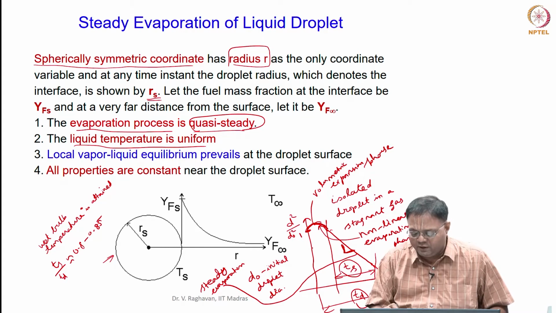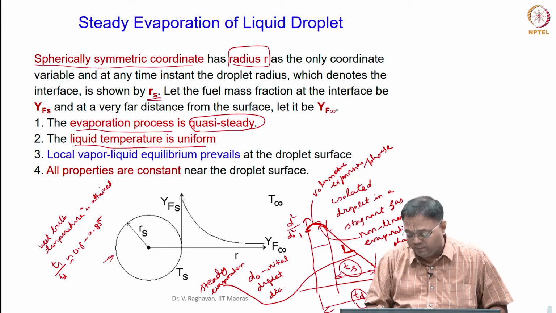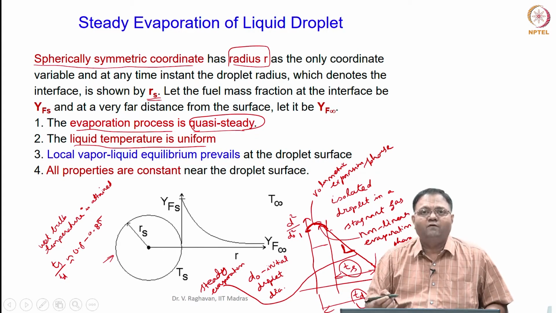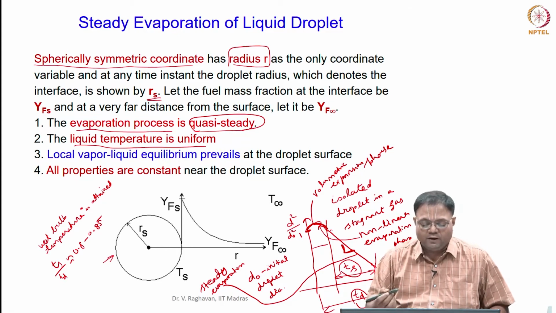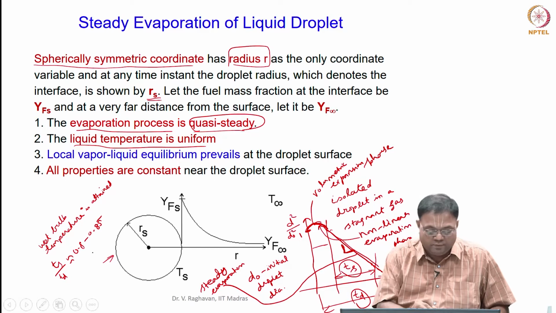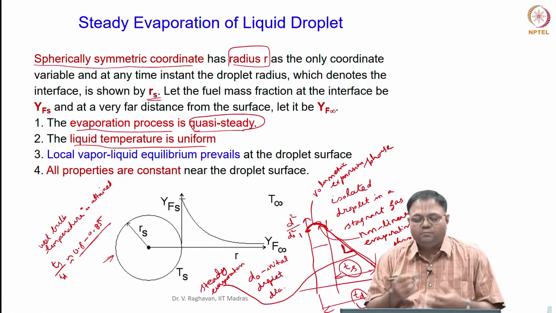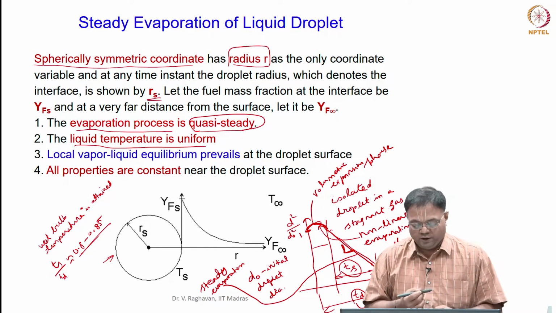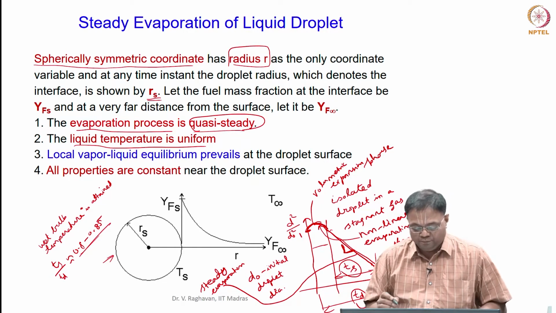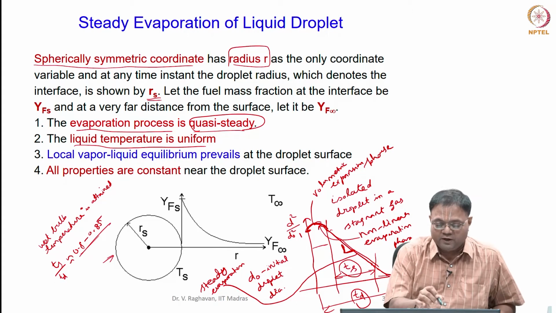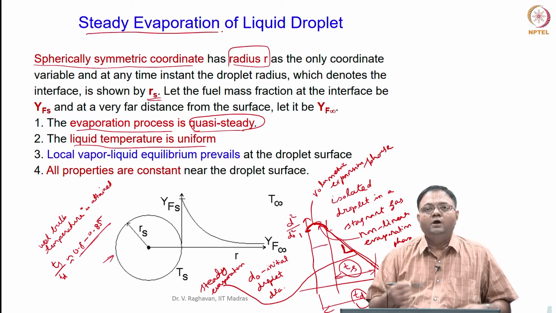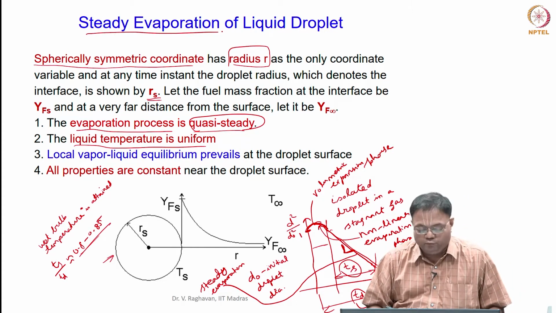Only for very little time in the front and very little time towards the end do we have some non-linearity where the steady state will not be there, but for a major portion, 80 to 85% of the droplet lifetime, you will have a steady evaporation phase, in most of the cases, not in all cases. This type of steady evaporation is very helpful for us.